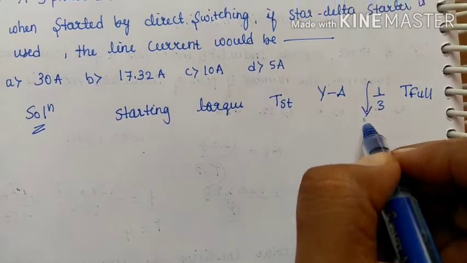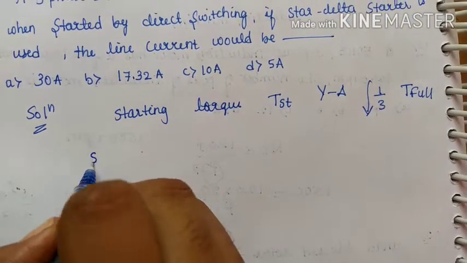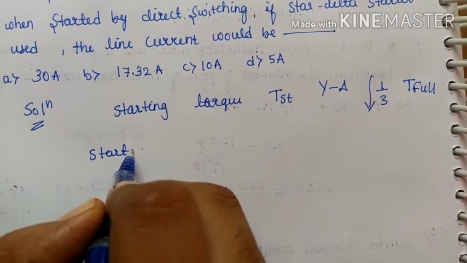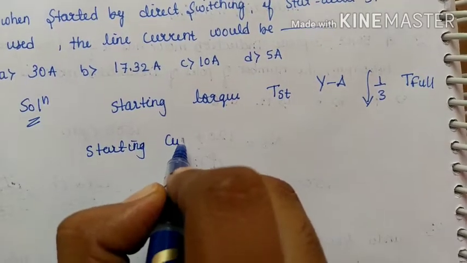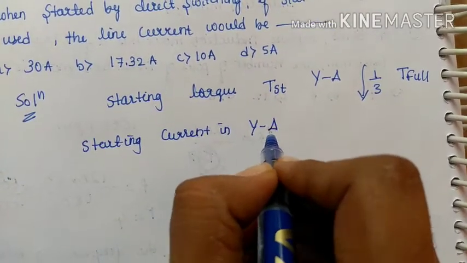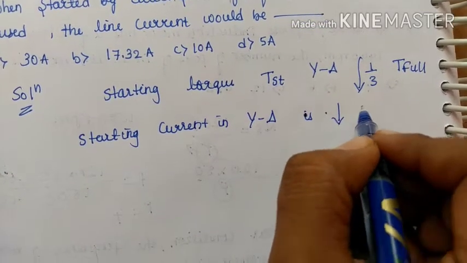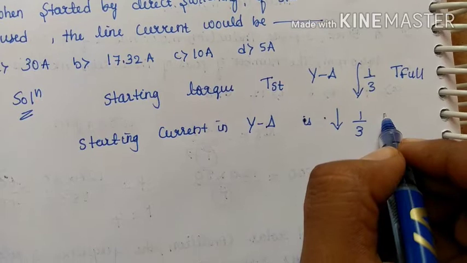Similarly, the starting current in a star delta starter is also reduced to 1/3 of its full load current.